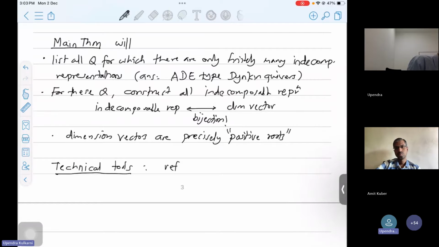So one is reflection functors. Technical tools or technical terms, if you will. Root systems. And other things. So there will be a key quadratic form and so on.